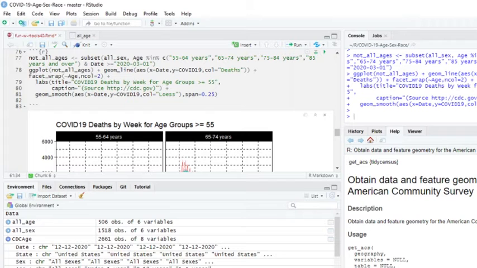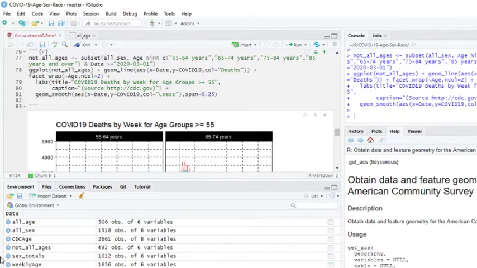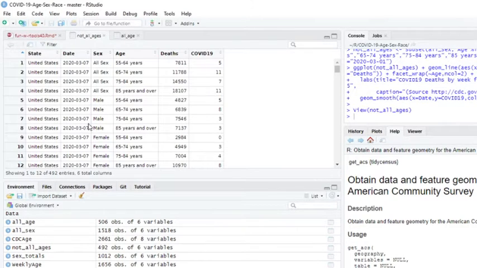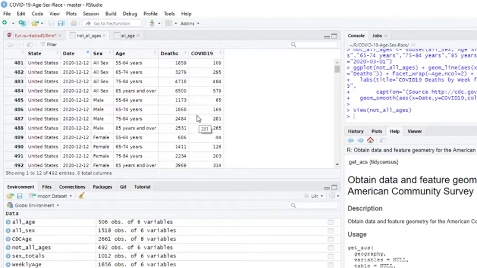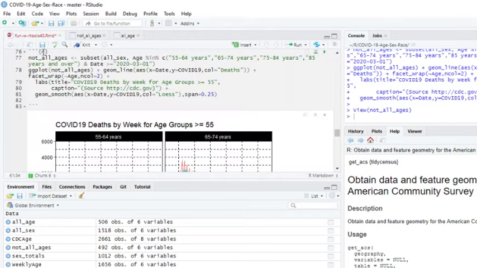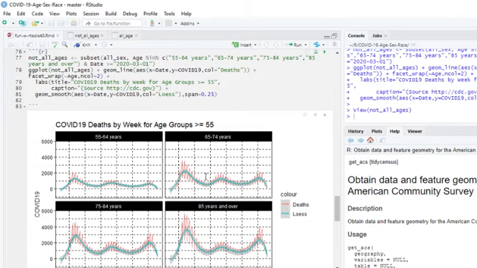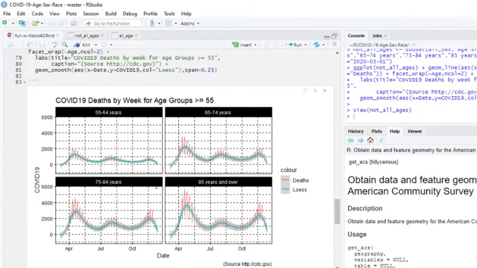Let's take a look at not all ages real quick here. Okay, 12, 12. So anyway, you can see that in all these four age groups.